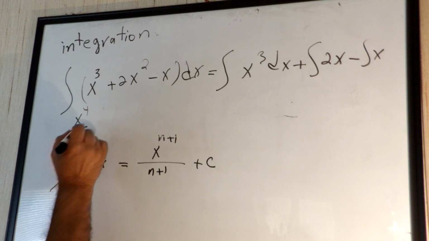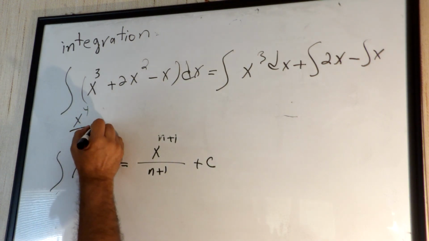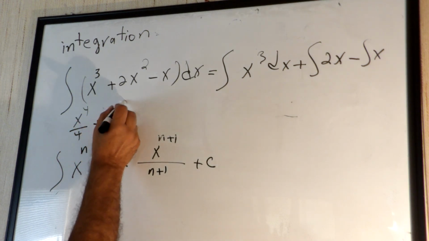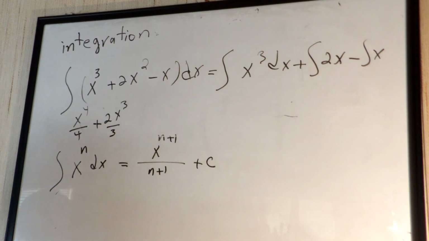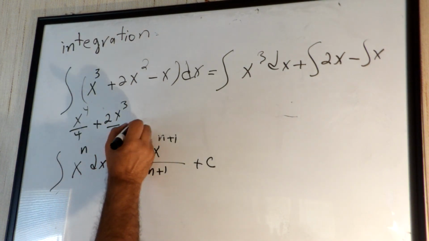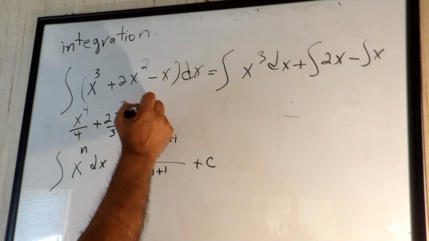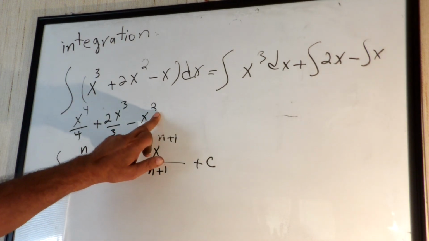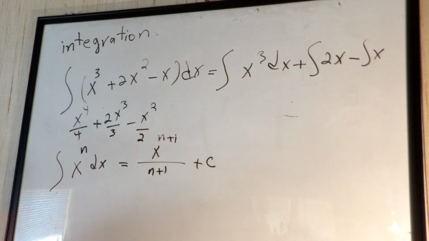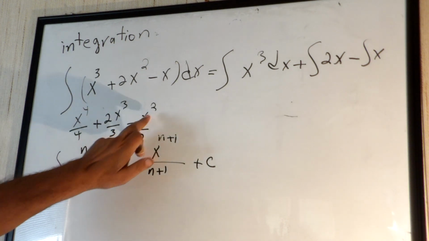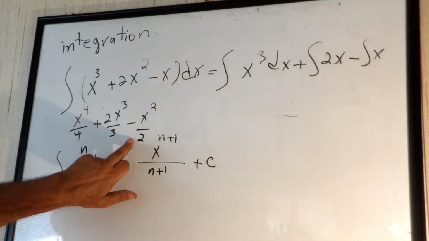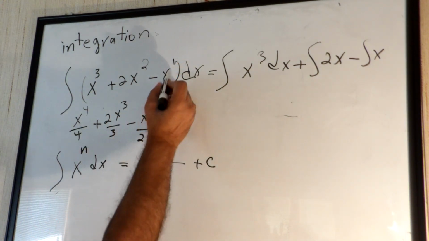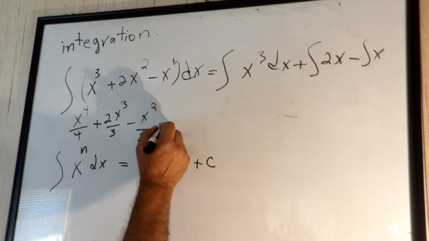So it's going to be x to the 4 over 4, plus 2x cubed over 3, minus x squared over 2. If you add 1 to the exponent and put it at the bottom, for x to the 1, 1 plus 1 is going to be 2, divided by 2, and then plus c.